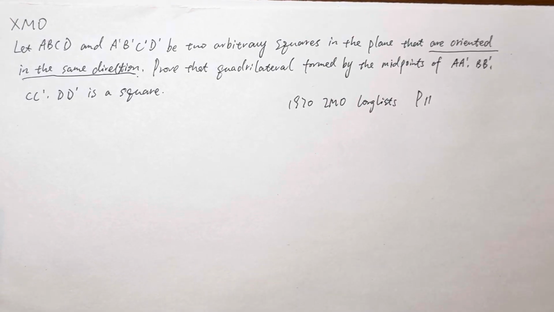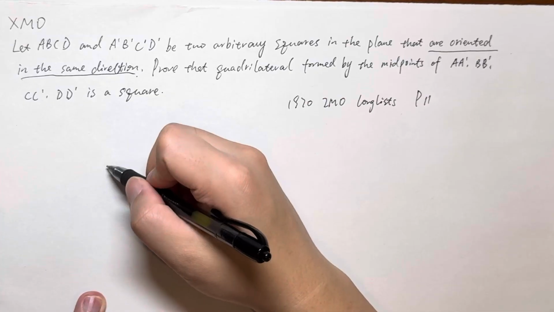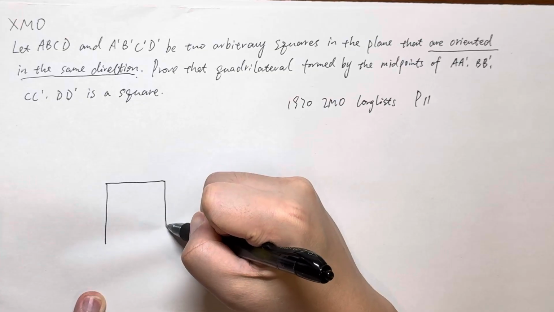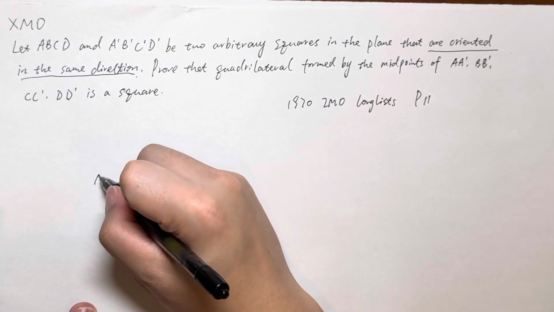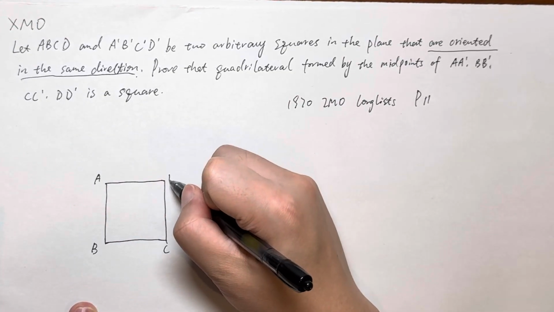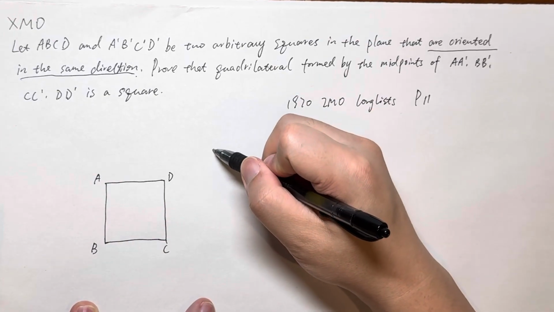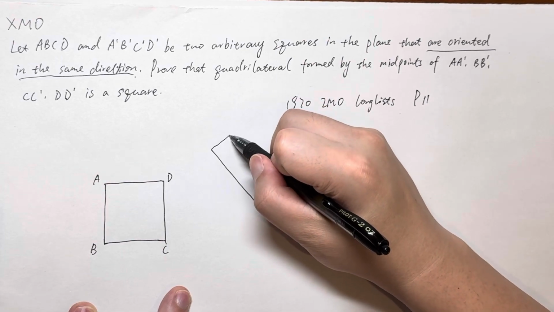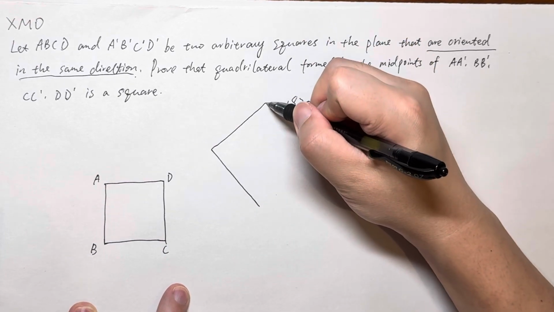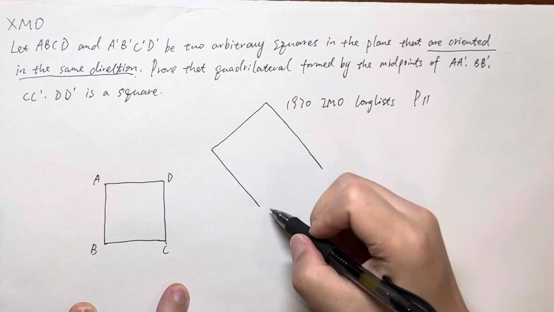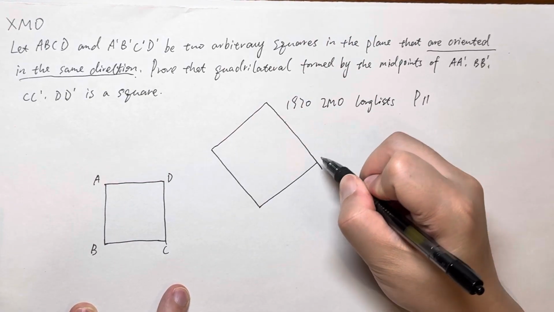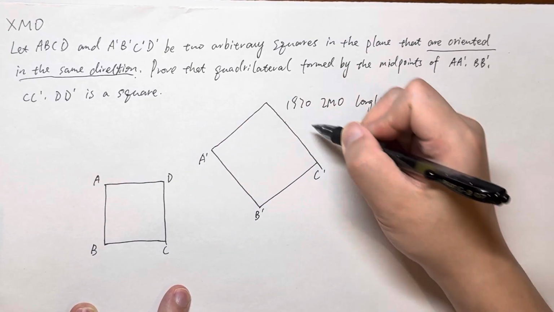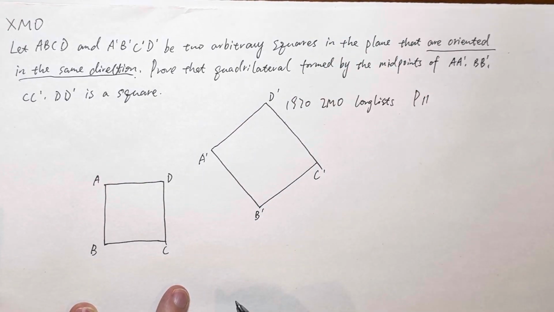So if we have a square, let's say A, B, C, D here, and we have another square, which is A prime, B prime, C prime, D prime here, right?